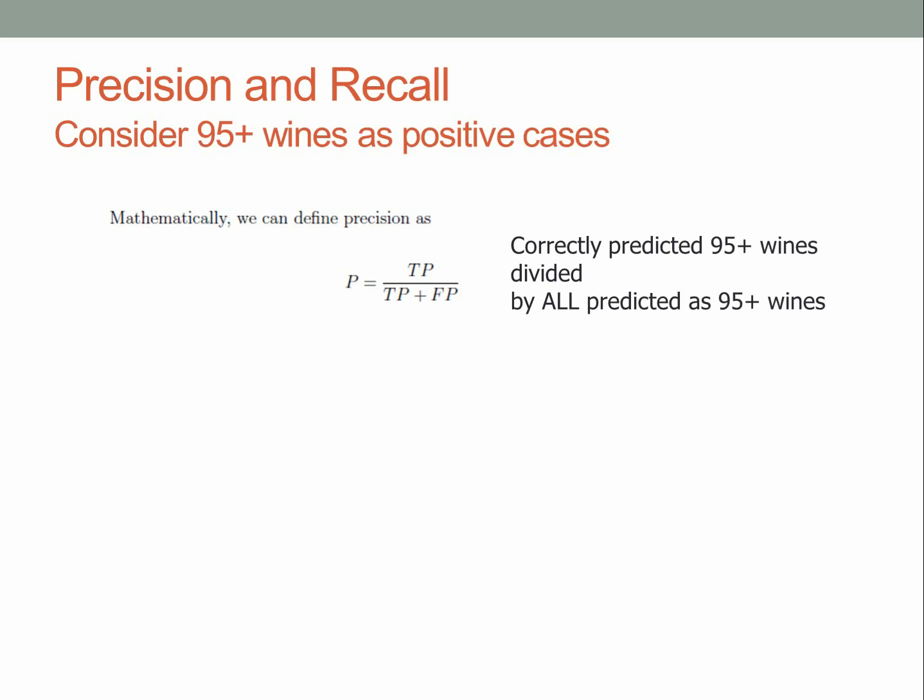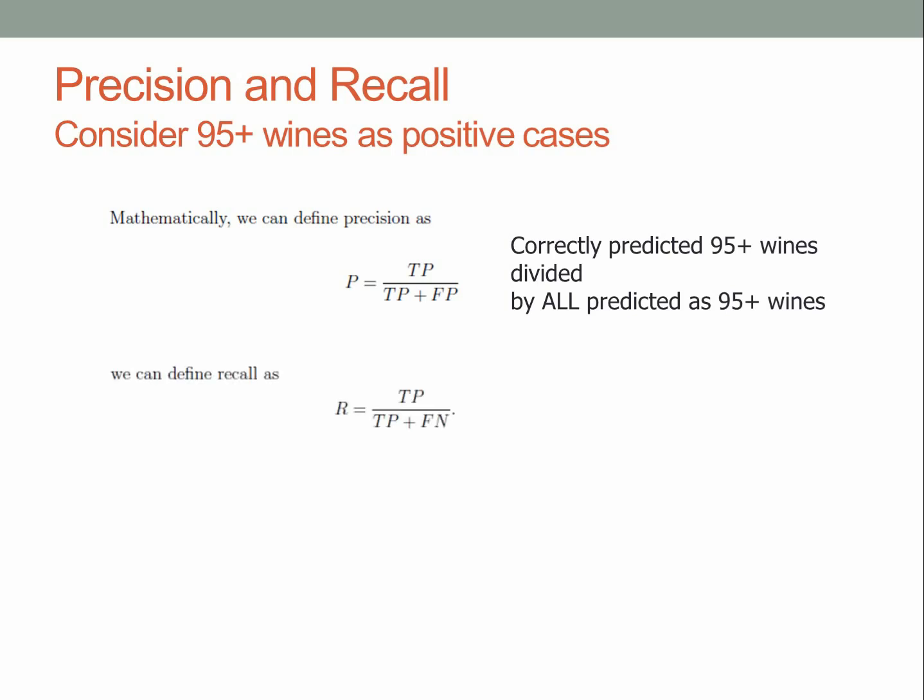For example, if precision equals 50%, there is a 50% chance that this y belongs to 95 plus if it is predicted as 95 plus. That's what it tries to represent. And you need to understand that it is very hard, because only 5% of the y's are considered 95 plus. In other words, if you leave it to chance, you can get 5%, like flipping a coin, basically.